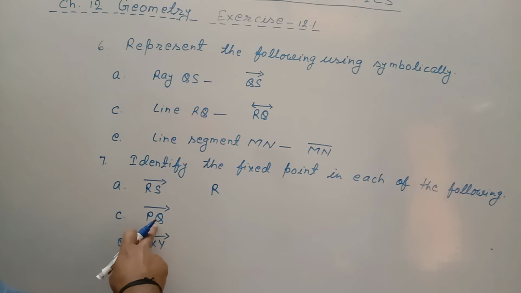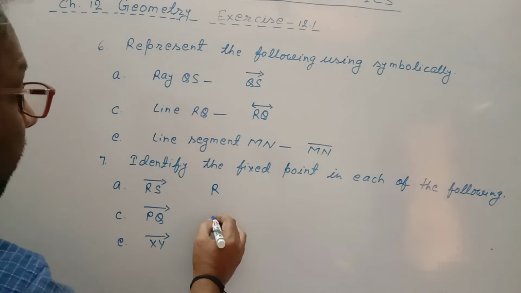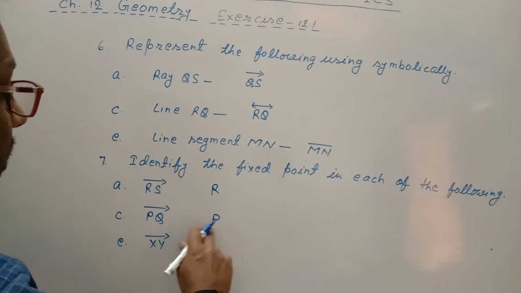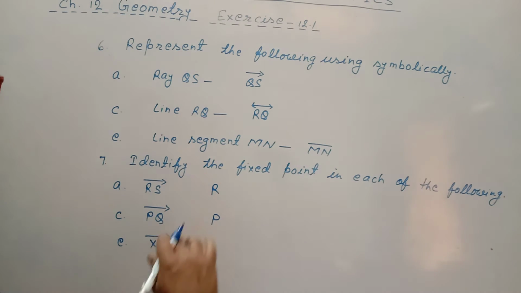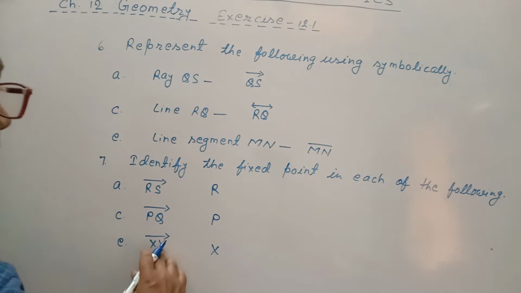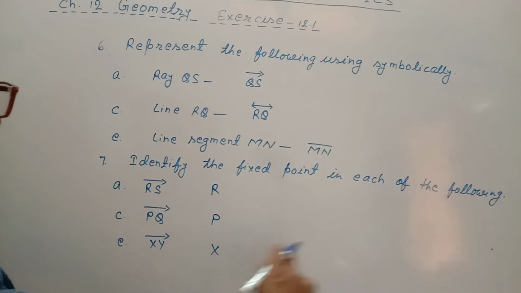Similarly, in C, P is the fixed point, because towards Q this arrowhead is drawn, means towards Q this ray will be extended. In XY, X is the fixed point, because towards Y the ray will be extended. So in this way we identify the fixed point of a ray.